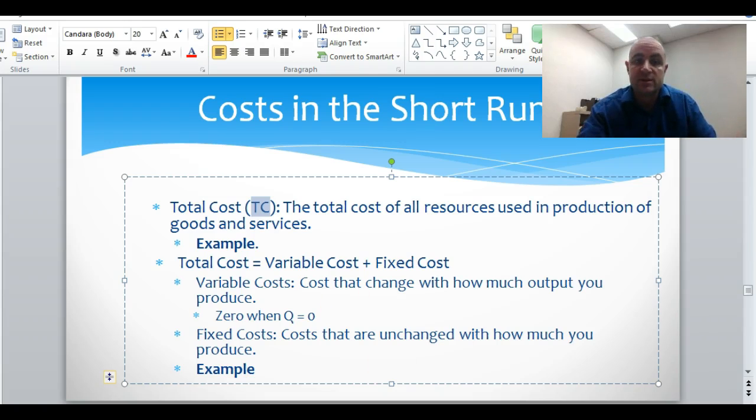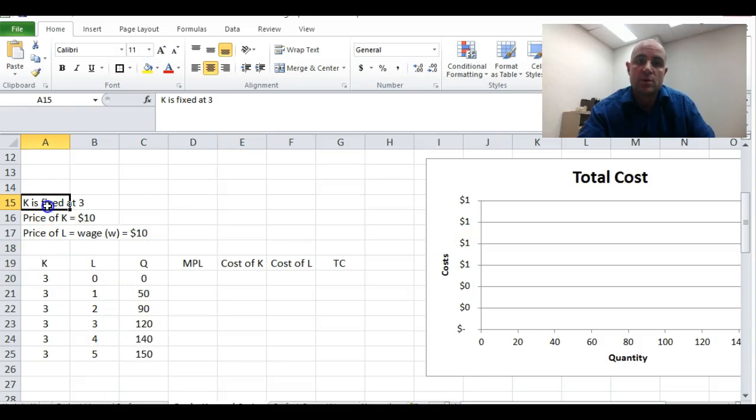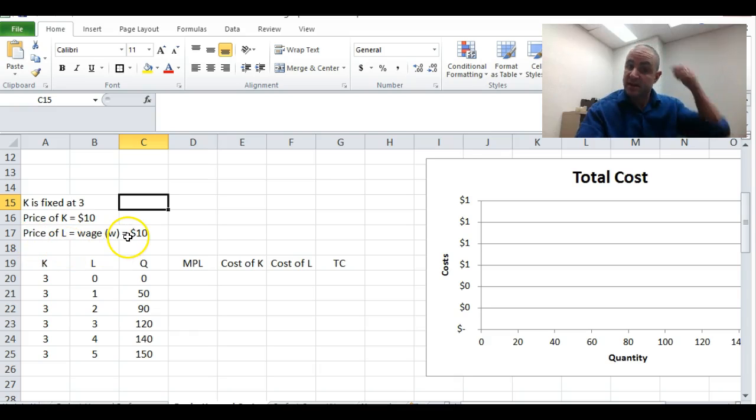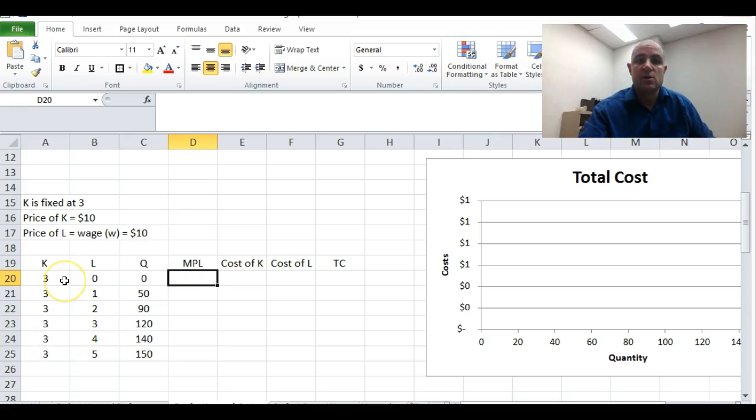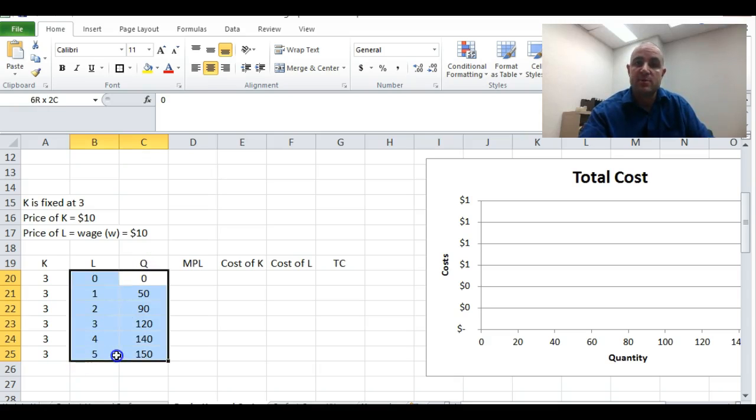Okay. So let's look at an example here. We're going to say that capital is fixed at 3, because again, we're in the short run. The price of capital is 10. The price of labor, which we call the wage or W, is also 10. So when we go through, we look at different levels of labor, and based on that labor, we get output. This is just given.